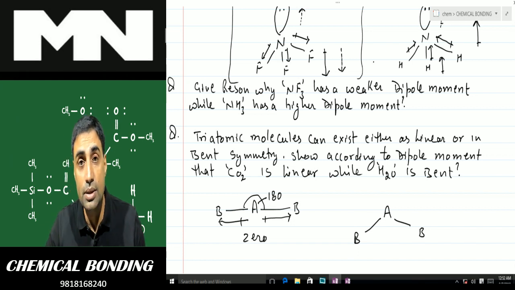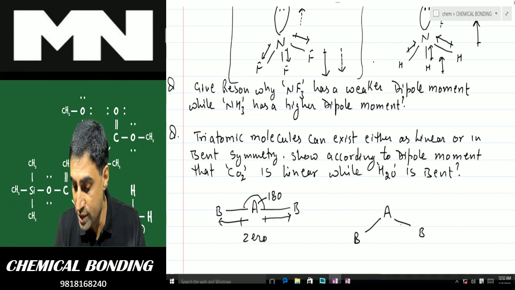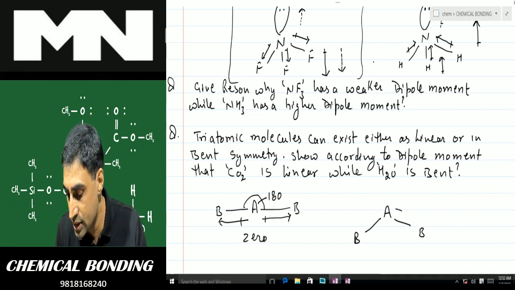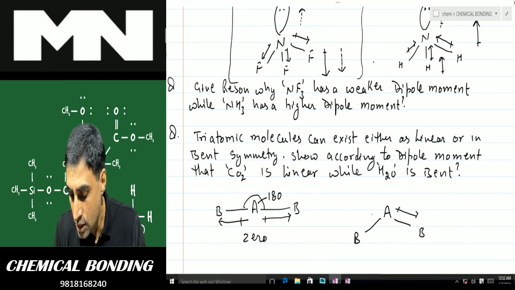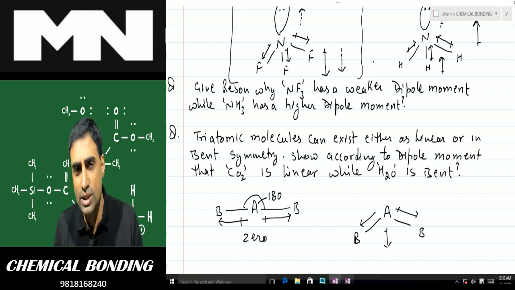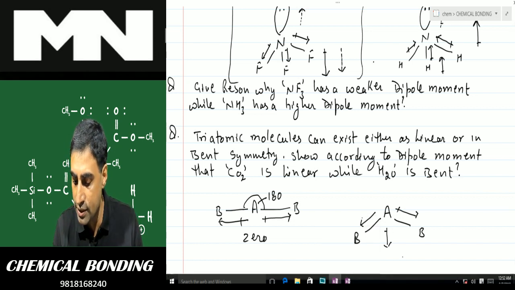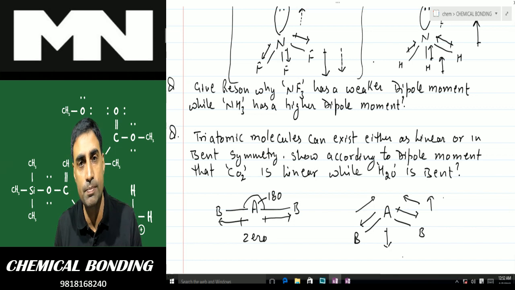So we'll see if we talk about water molecule. Suppose this is the bent symmetry which we have got. If the dipole moment is like this and this dipole moment is like this, both of them will get added and you'll have dipole moment in this direction. On the other end, if A is more electronegative and the dipole moment is like this and like this, then also you'll have a positive dipole moment in this direction.